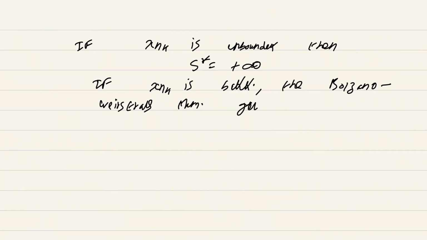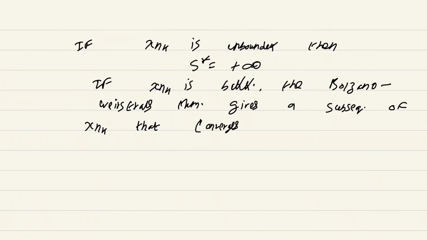guarantees, or let me just say gives a subsequence of xn k that converges to a point greater than or equal to x, which is, again, this is not possible because S star is the supremum of all subsequential limits.